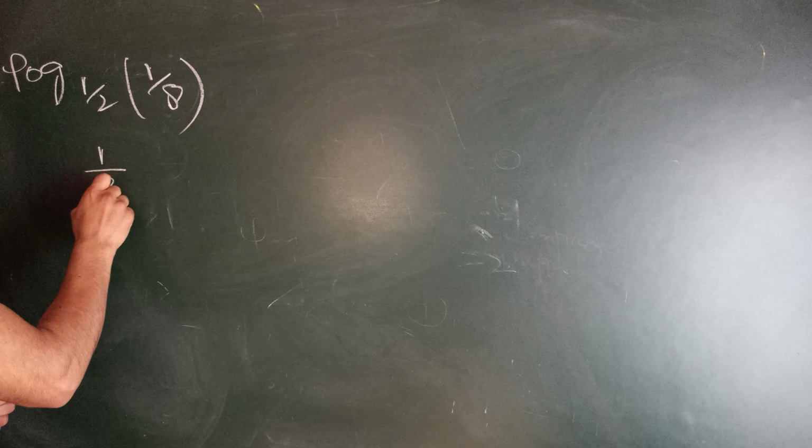Let's take log base 1 by 2 of 1 upon 8. It means 1 by 2 has been raised to the power of x and I got 1 by 8. Mathematically, to manipulate it, I know that 8 can be written as 2 cubed, and bringing it into the numerator, it becomes 2 to the minus 3.